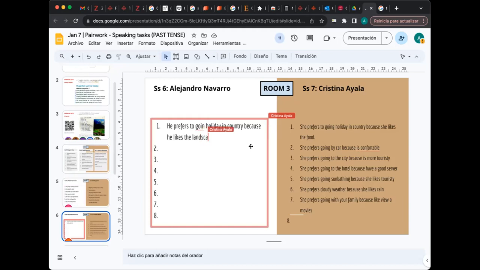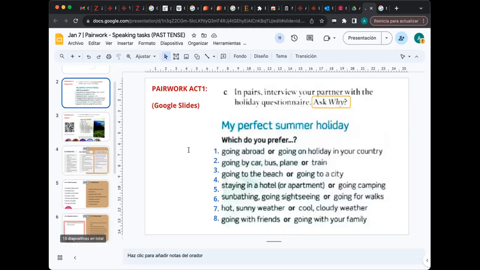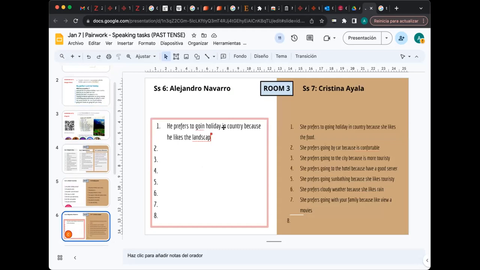La E y la S falta. Ahí está. Te sale, ¿no? Sí.